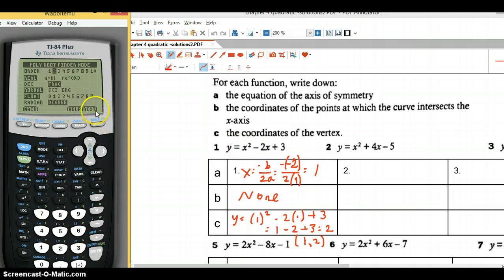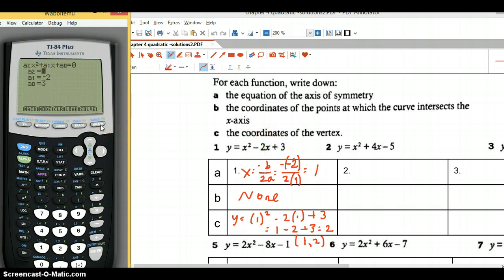And then we need to push next here. We use these buttons. And then we just put in the coefficients, the numbers that are multiplied in front of these variables. For the first one, it's whatever's multiplied times x squared, which it looks like there's nothing there, but there's a 1 there, so we put a 1. It's not a 0. What's multiplied times the x is negative 2, so we put negative 2. And what's multiplied times the constant term is 3, so we put 3.